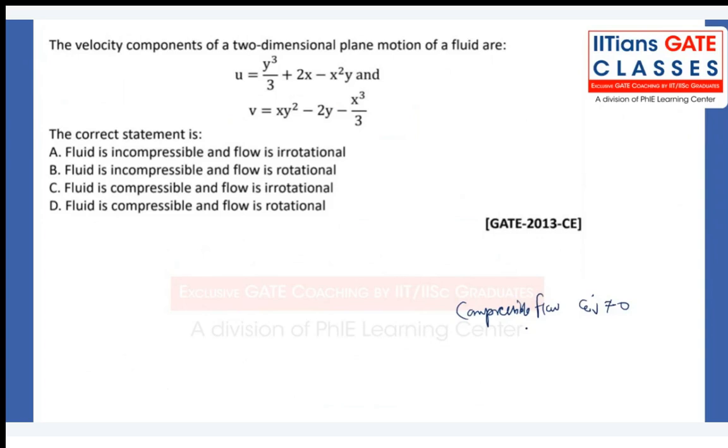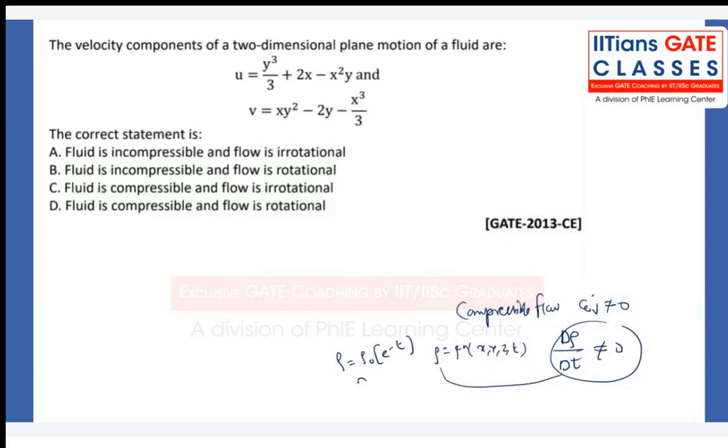D rho by dt is not equal to zero. Then how can you decide whether rho becomes a function of x, y, z, and t? Because then only it is not equal to zero. So maybe it is possible that rho is equal to rho naught into e to the power minus t. Then also this d rho by dt will not be equal to zero.